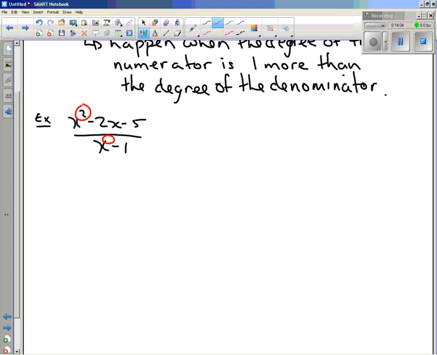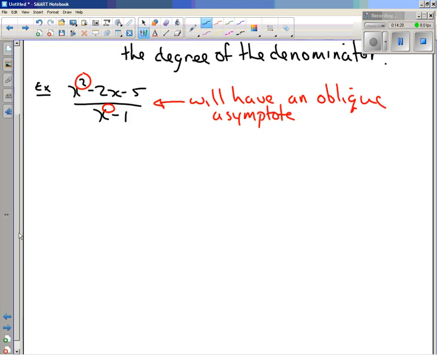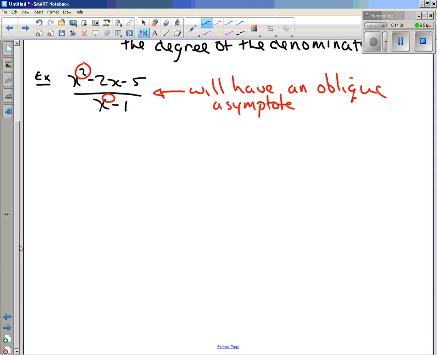So this will have an oblique asymptote. And we know that just based on looking at the degrees. So let's start graphing this, and let's forget about the oblique asymptote for now. Let's start graphing this how we normally would. So what would we do first?